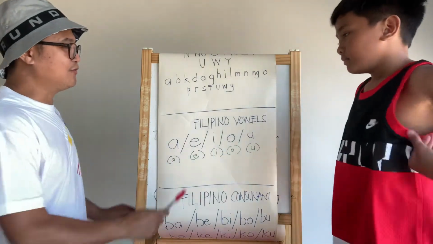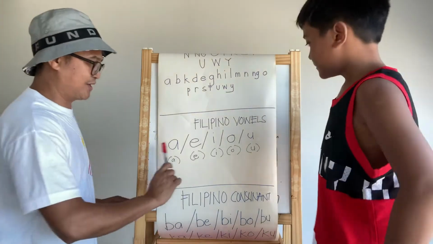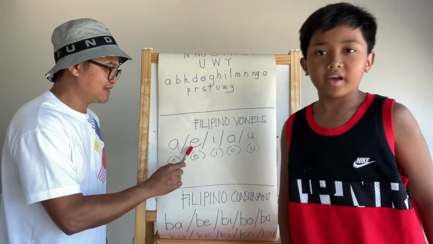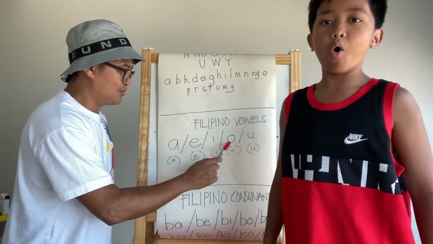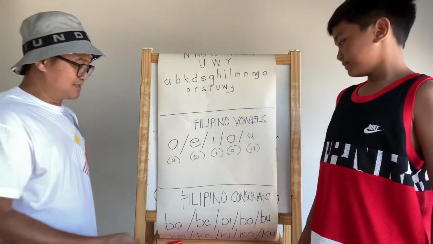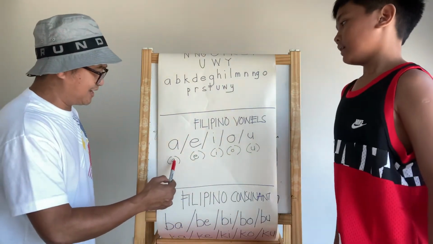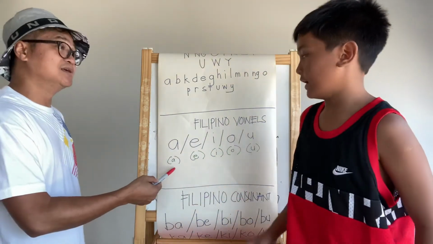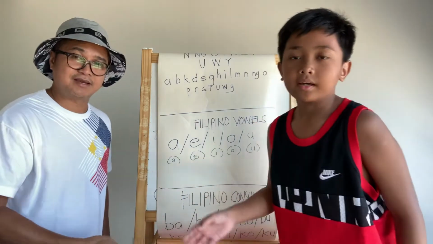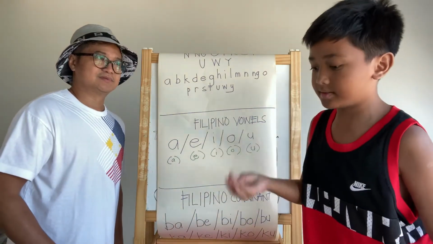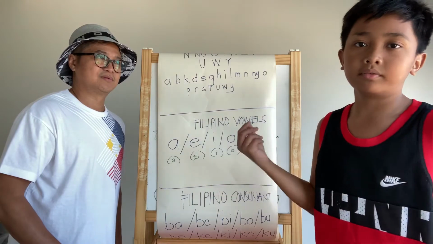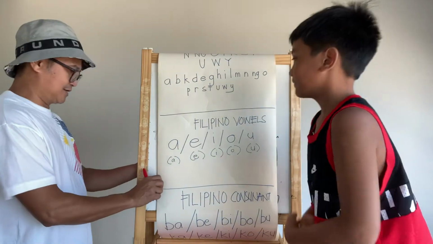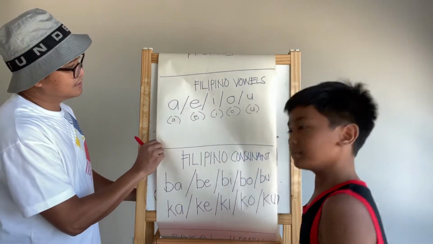So now we're going to the Filipino vowels, and we read them like A, E, I, O, U. Like Amjarism said just now, in English it's A, E, I, O, U. In Bahasa Malaysia it's A, E, I, O, U. It's the same thing, saying the same thing of the alphabet. Correct. Okay, so that is the vowel part of our alphabet.